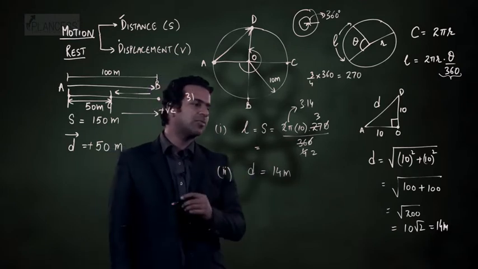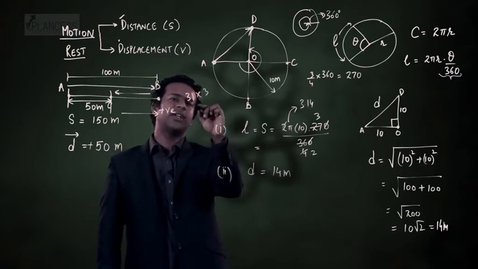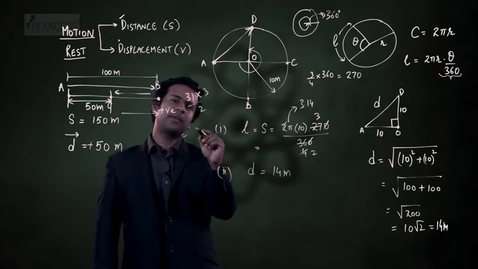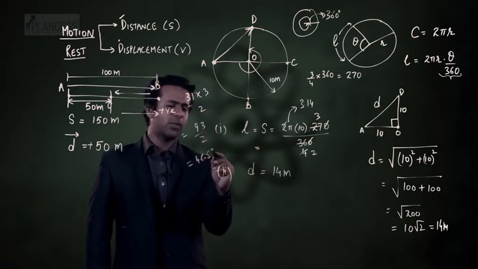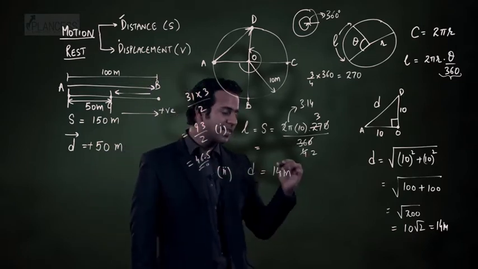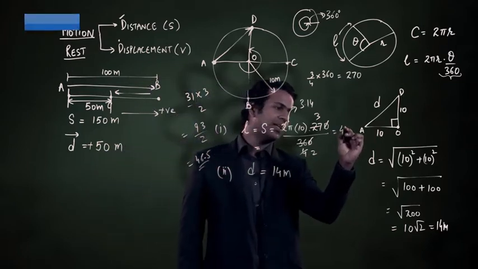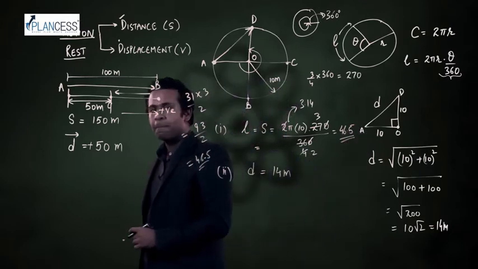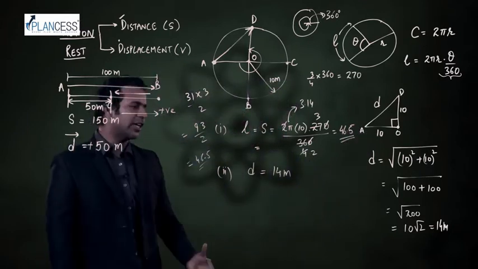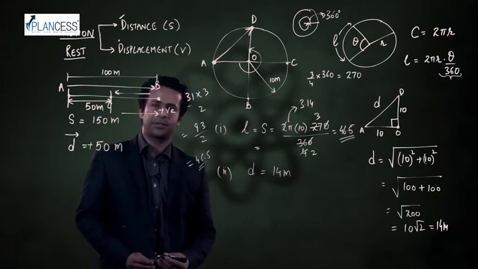So this figure is basically 31 into 3 by 2, which is nothing but 93 by 2, which gives us 46.5. So the distance covered by this particle is 46.5 meters approximately, while its displacement is only 14 meters.